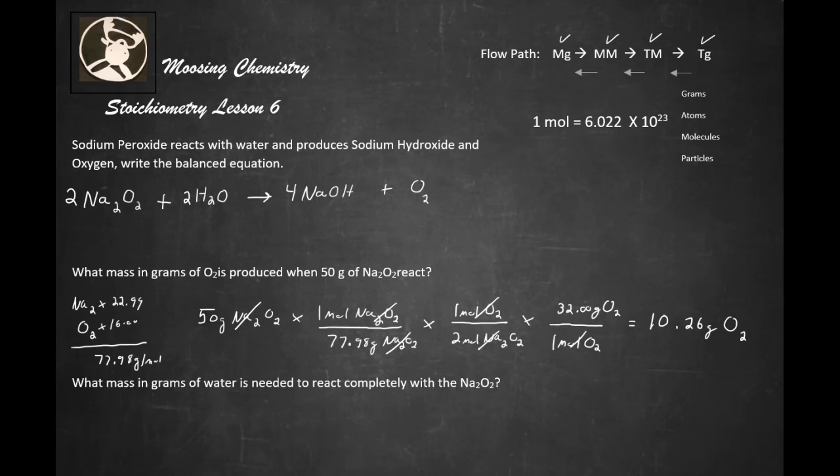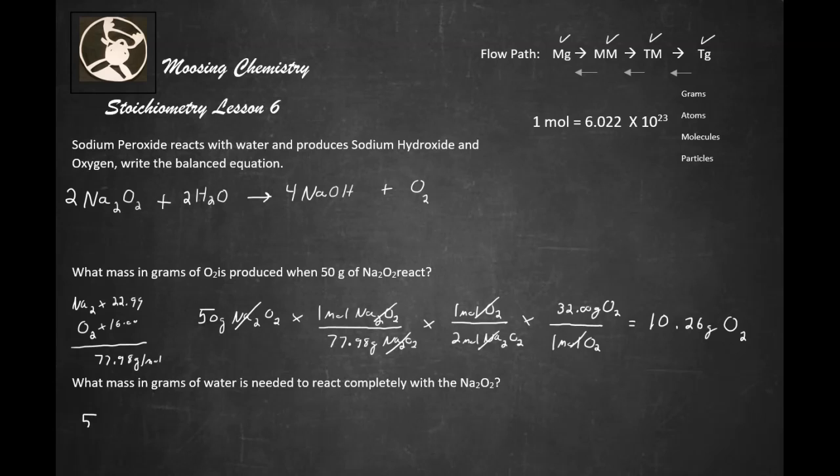So what we're going to do is look at the Na2O2 first, and we're going to make sure that we have everything the way we want it to be, and it looks like it's going to be good in that respect, because you were given 50 grams of Na2O2, right? So we are going to assume that we're using 50 grams. Again, that's what I need to double check.